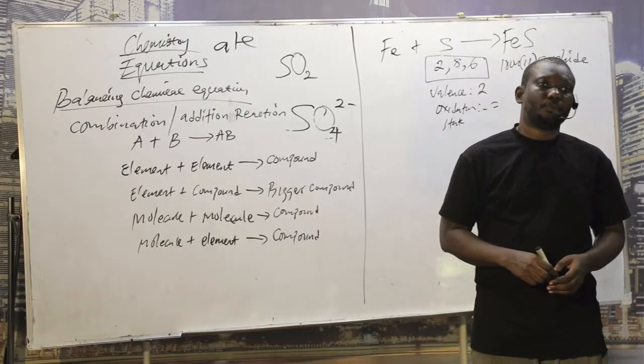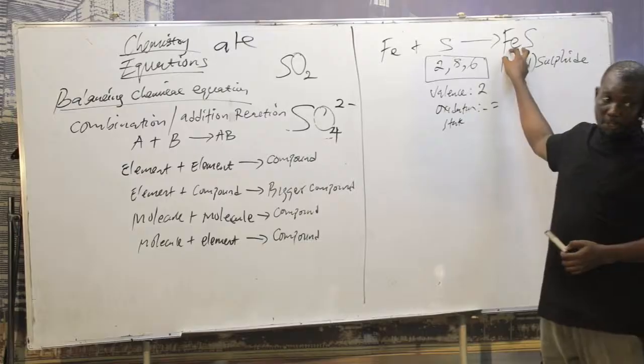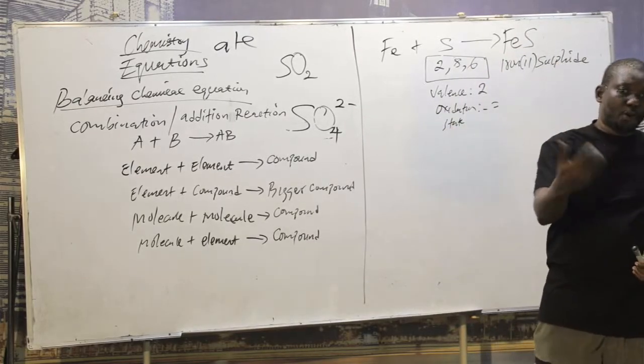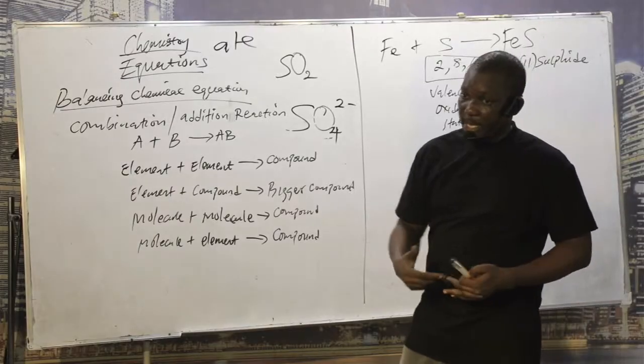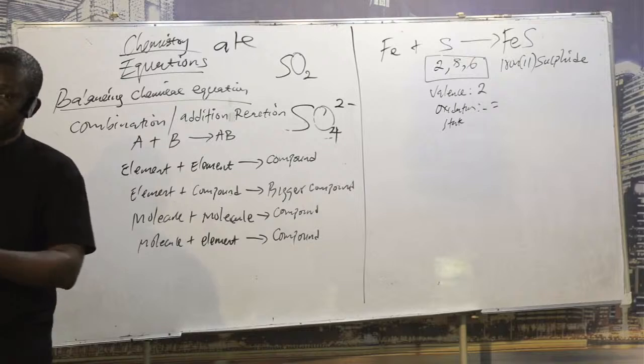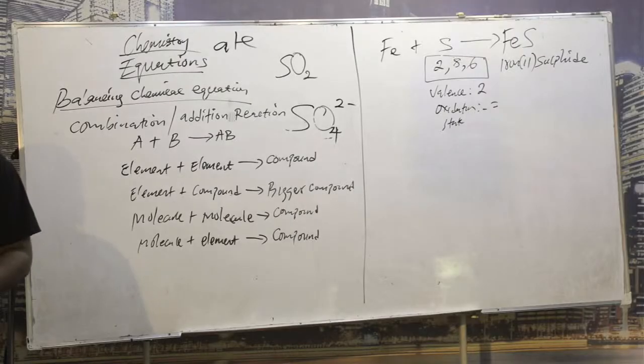Remember, what we're going to form must be one product. That is what makes it a combination. If we form 2 products, it's no longer a combination reaction again. We look for another type of reaction to assign that reaction. A combination or synthesis reaction must be able to form how many products? 1.